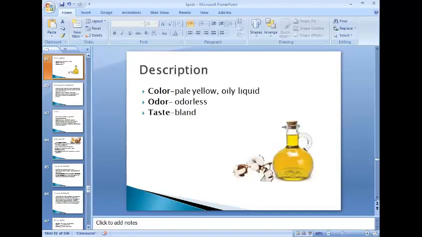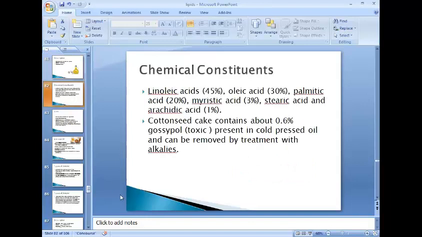It has a pale yellow color, is almost odorless, and has a bland taste. Triglycerides have components including linoleic acid, oleic acid, palmitic acid, myristic acid, stearic, and arachidic acid. The cotton seed cake has a toxic principle, gossypol, which is removed by treating with alkalis.